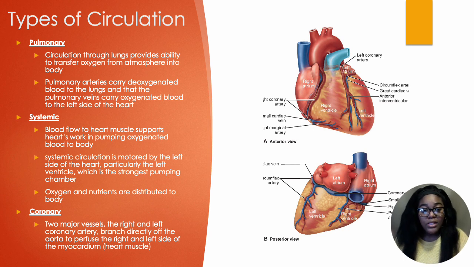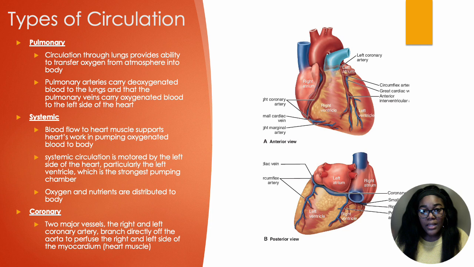And this is simply the circulation through the lungs that provides the ability to transfer oxygen from the atmosphere into the body's blood. This occurs when the blood is carried through the pulmonary artery. Pulmonary arteries have deoxygenated blood, so there's no oxygen in the blood. Once the pulmonary artery carries the blood inside of the lungs, the lungs then give the blood oxygen because there's oxygen sitting in the lungs from the atmosphere.